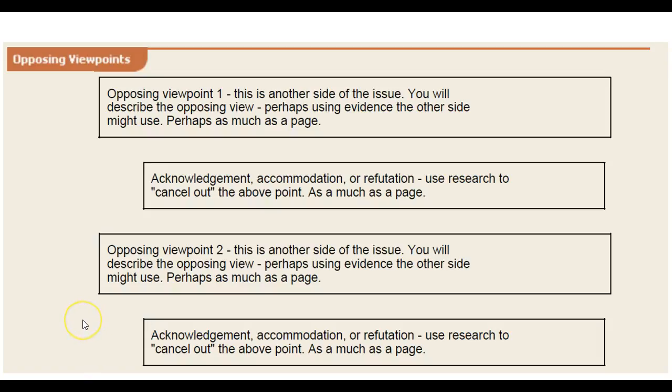You do this as many times as you think you need to do with as many opposing viewpoints as you might need. For the most part, 2 is usually enough: a viewpoint from the other side and any evidence they might have used, your rebuttal, and again, the same thing.